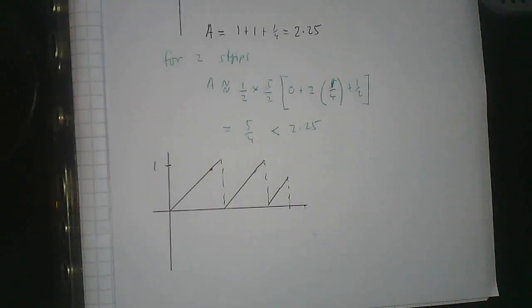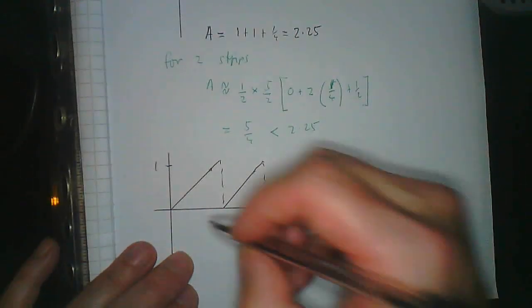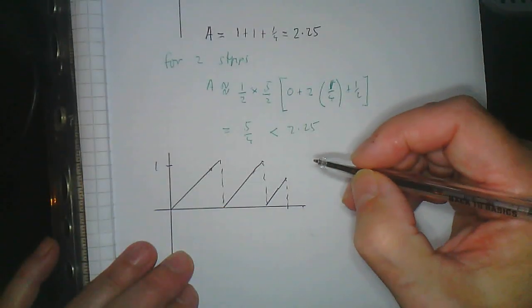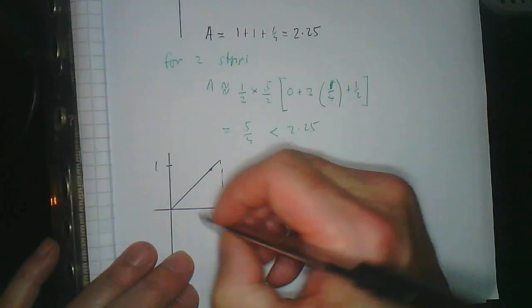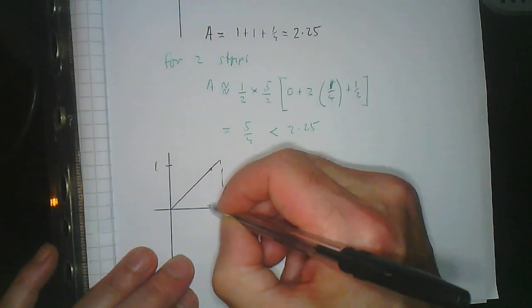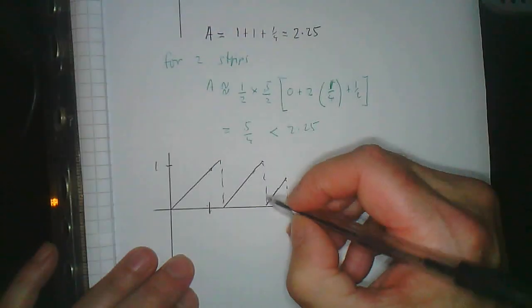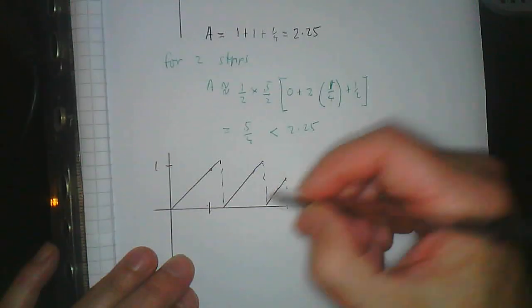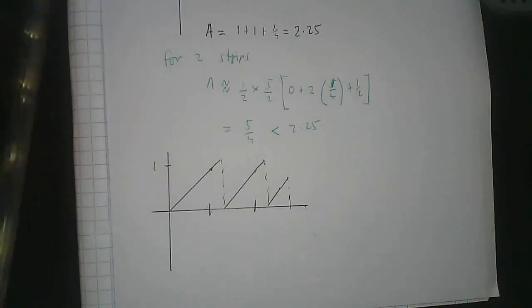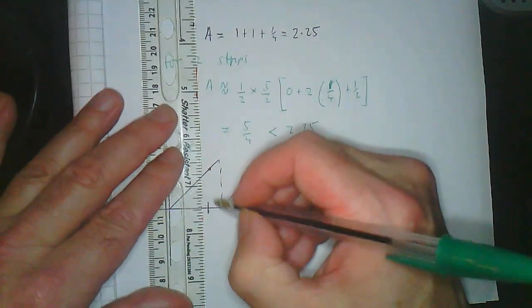And then we're going to have 3 strips. So 5 divided by 3 is 5/3. So 5/3 is going to be, say, here. And then 10/3 is going to be, say, here. So we get 1, 2, 3 strips. Do it in green.